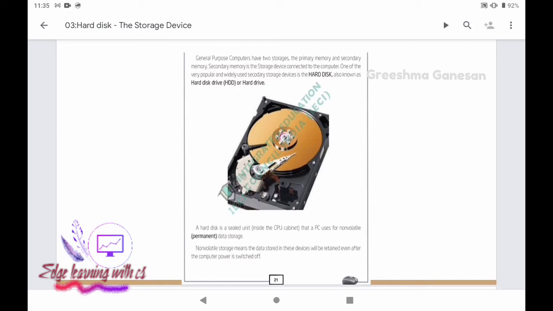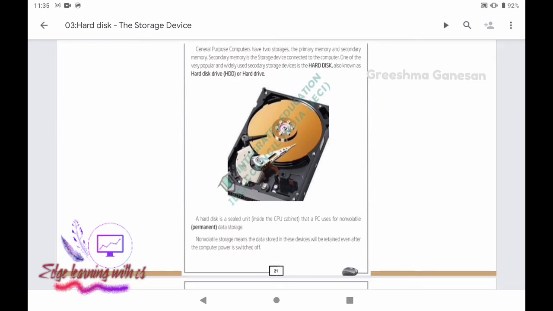Non-volatile data storage means you are storing the data permanently inside the CPU cabinet. Non-volatile storage means the data stored in these devices will be retained even after the computer power is switched off.